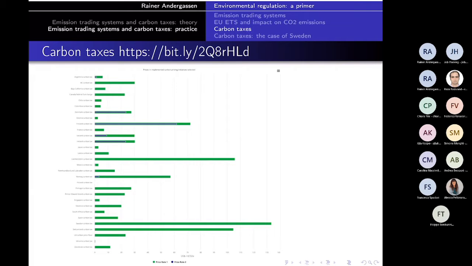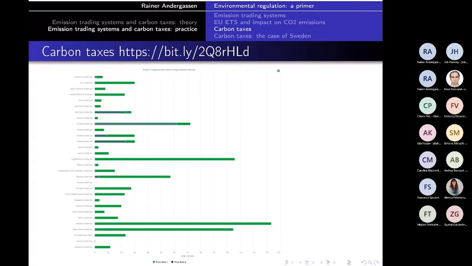Okay. So here, this is just a picture. Again, this is a shortcut for those of you who have the computer. They can click the link, and it leads to some data on carbon taxes. This is just to give you an idea about what carbon taxes look like.